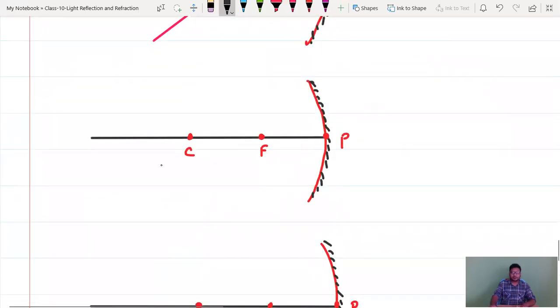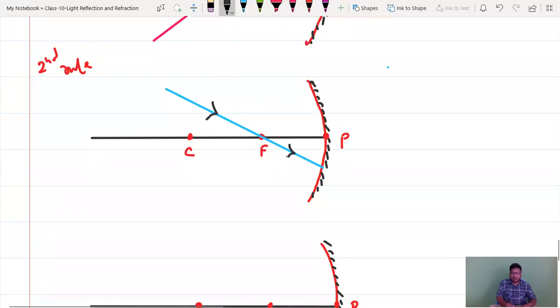Second rule, if any light is passing through focus, after touching the mirror, you see this is the incident ray which is passing through focus.